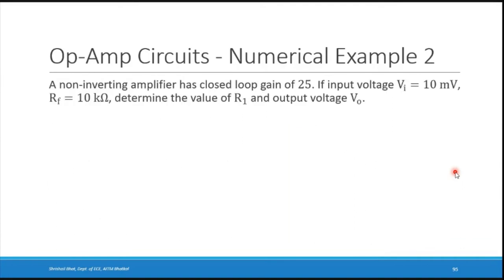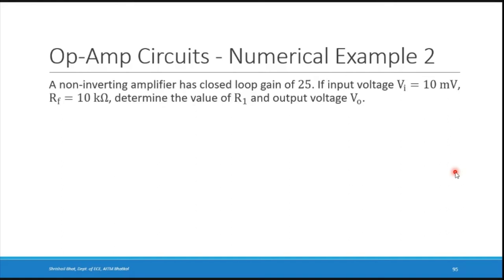A similar one, next problem based on the non-inverting amplifier itself. A non-inverting amplifier has a closed loop gain of 25. If input voltage Vi is equal to 10 millivolts and RF is equal to 10 kilo ohms, determine the value of R1 and the output voltage V0.